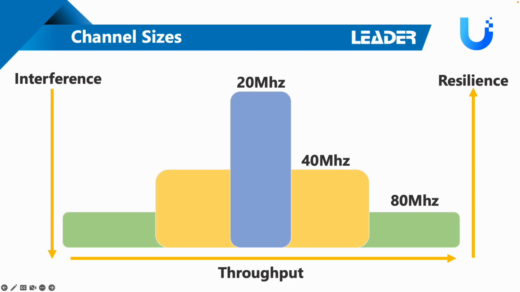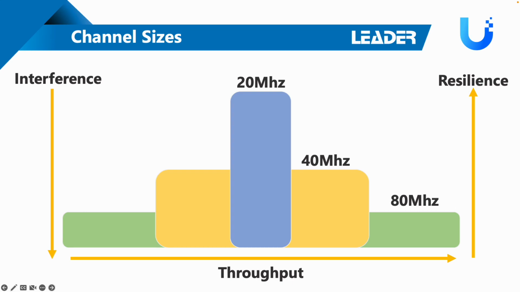Humans are pretty bad at understanding or interpreting the decibels generally, but in a nutshell, every 3 decibels is double the potential range. So if we're going from an 80 megahertz wide channel to a 40 megahertz wide channel, it's potentially double the range. And again, same thing for 40 to 20 megahertz.